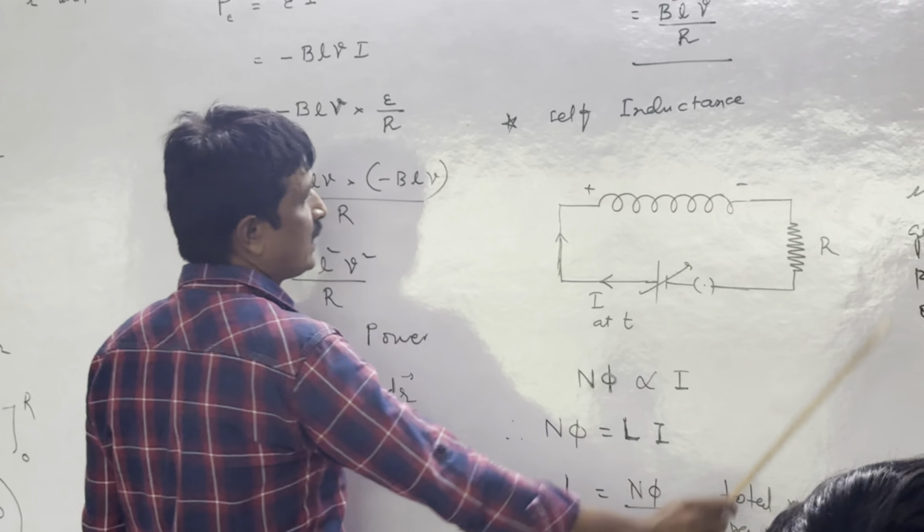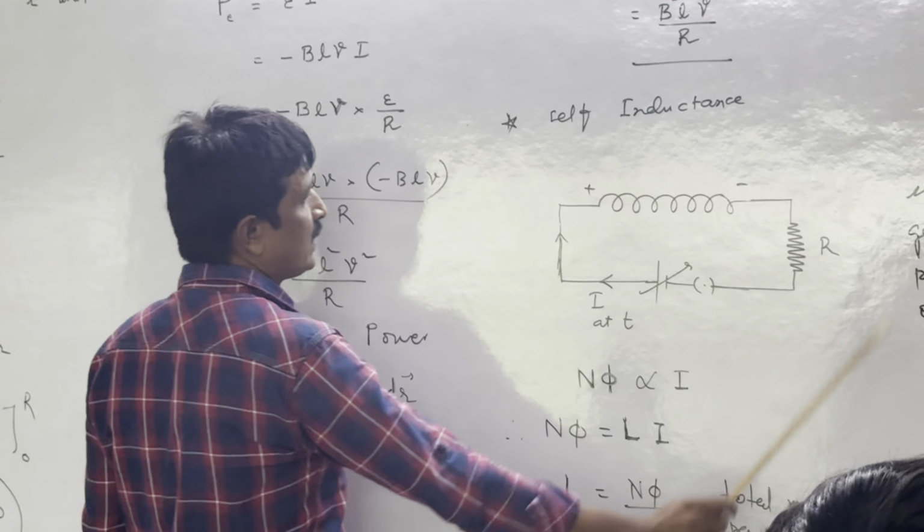For each turn say phi, so the total flux is N phi, and common sense says that N phi is directly proportional to I. So if you want to remove the sign of variation, we have to put some constant. It is capital L, N phi equal to LI. L is called the self-inductance of the coil. N phi upon I, that is magnetic flux per unit current, has the unit Weber per ampere. It is called Henry, in memory of Henry.